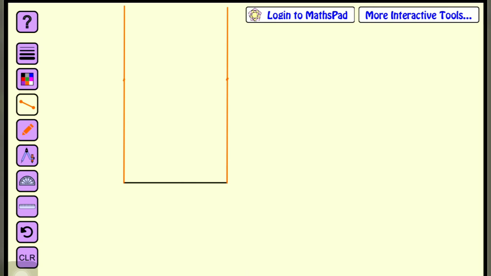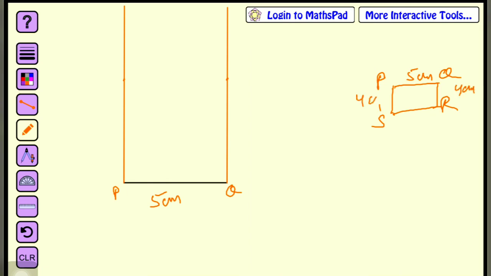Now this was the side length, suppose P and Q. So we have the rectangle as PQRS. We have drawn PQ of 5 centimeter. Now we know that PS and QR are equal to 4 centimeter each.